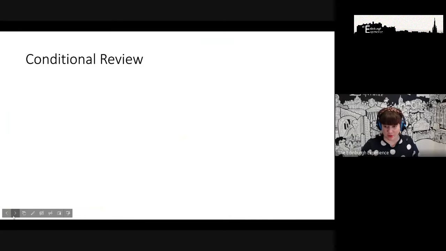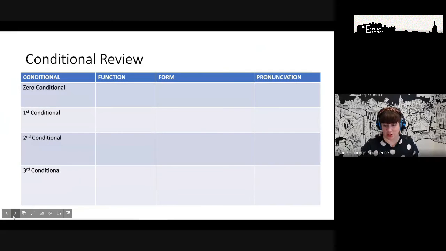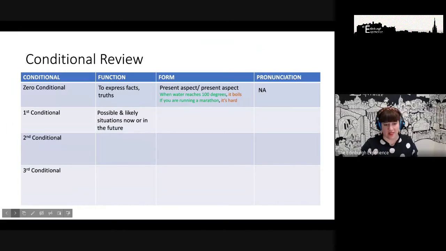Okay, so let's summarize all of that information, guys, in your table. We're using the zero conditional to express facts and truths. We construct it using present tense in the situation clause and present tense in the consequence clause. And there's nothing really important that we need to think about when it comes to pronunciation. Our first conditional is to talk about possible and likely situations now or in the future.